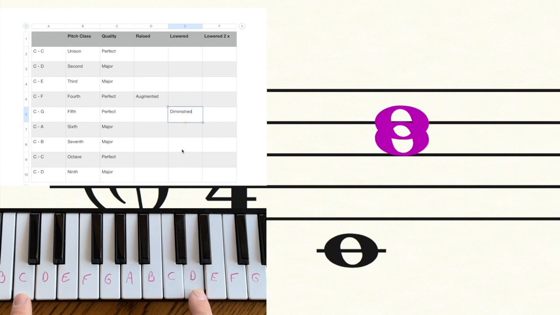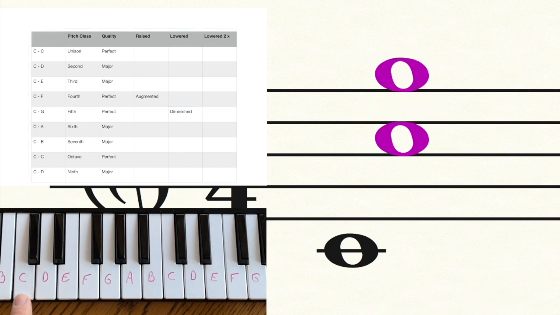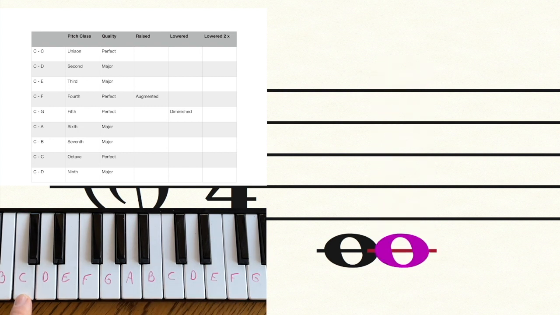So octave, then we have ninth, then we have 10th, 11, 12, 13. So there's some numbers beyond the octave that we'll be using later. But for today, we're mostly just going to focus on 1 through 8 to learn that naming scheme, and then we'll deal with the numbers 9 and above later.